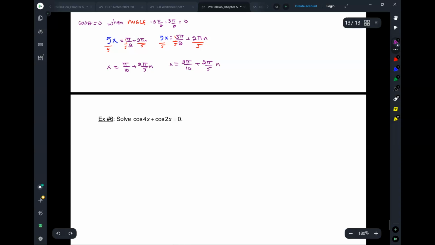Can the 5 only be under the pi? No, it could also be the whole 2 pi over 5, yeah. Okay?